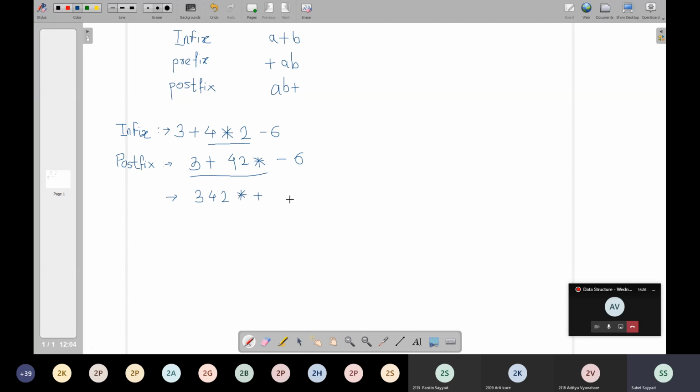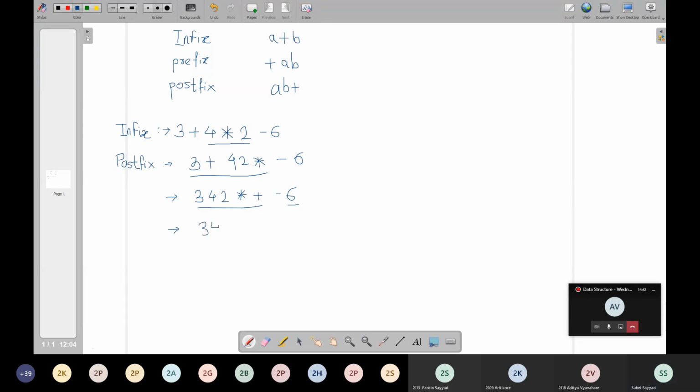And then we have this minus 6, which is yet to be resolved. Finally, this subtraction will be resolved on this one and this one. So how will the postfix look?